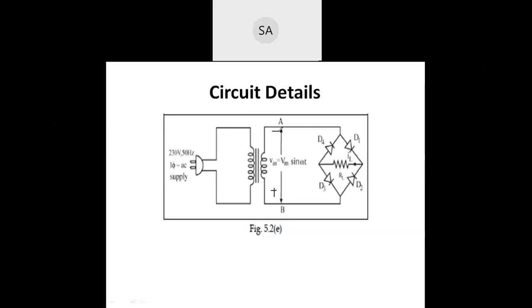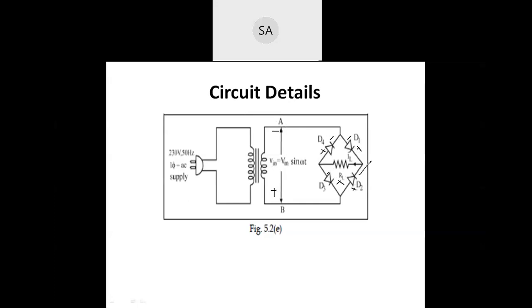So here the potentials appear like this: positive, negative and plus, negative.